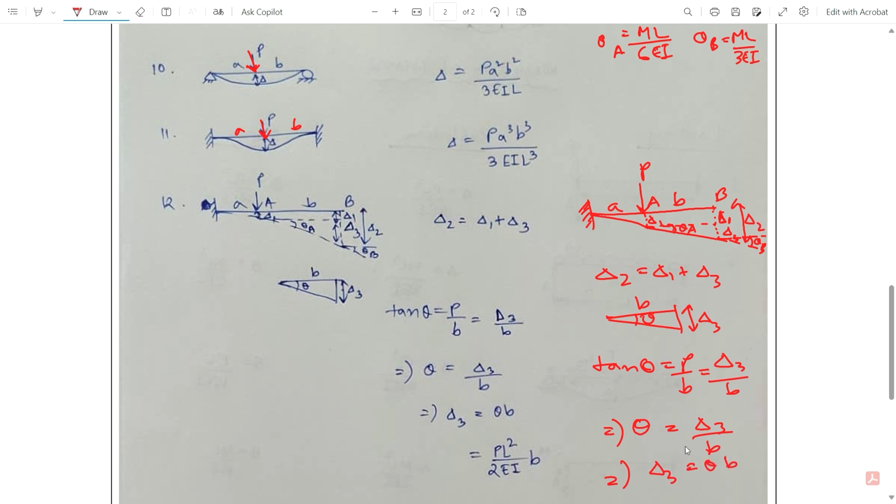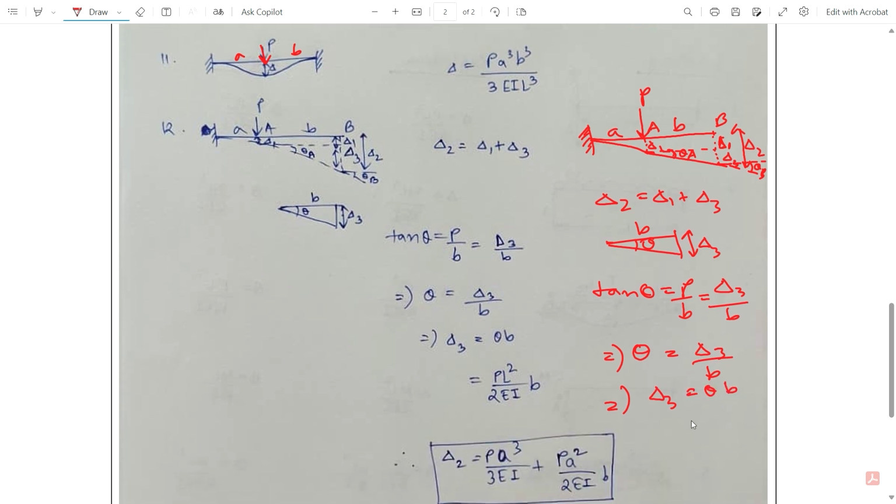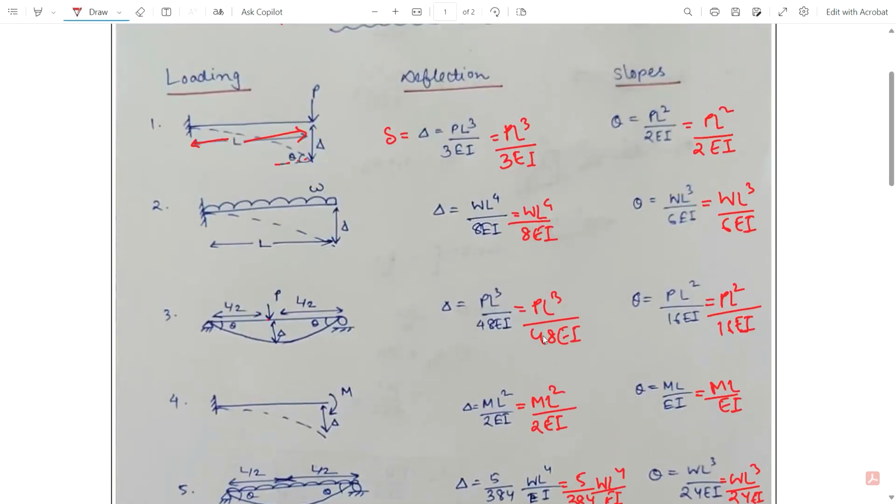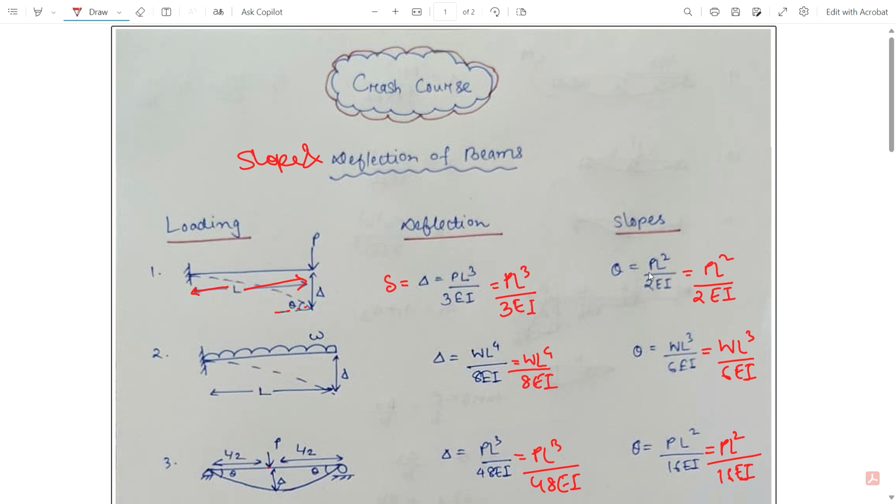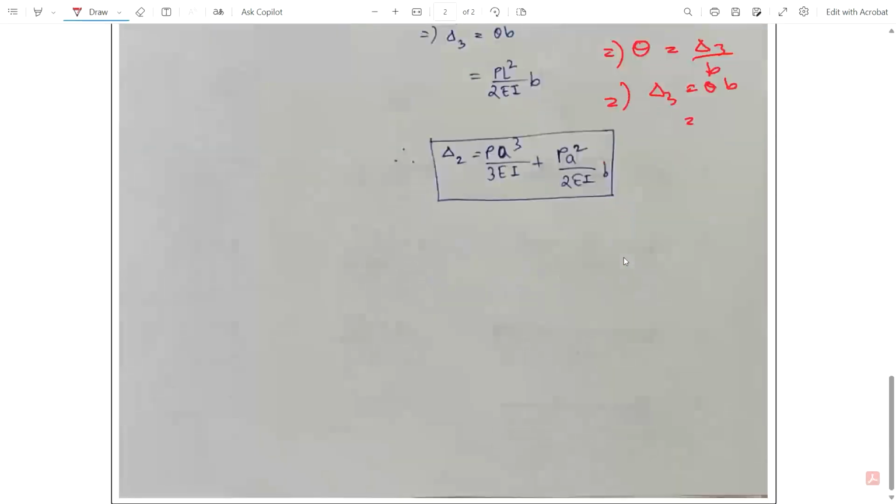Now as you all know, theta means the slope of a cantilever beam, which is P L square by 2 E I. So you put here P L square by 2 E I into B. Now what do we do? Del 2 was del 1 plus del 3.